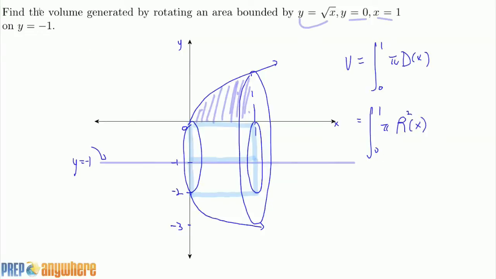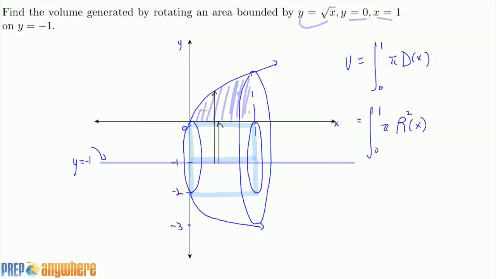But here's what I'm going to do. There's two radii that we need to consider. Okay, there's this radius, right, which will generate the entire tub. But then there's a hole radius that we need to subtract.